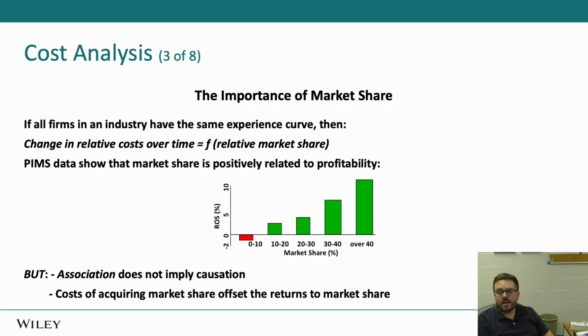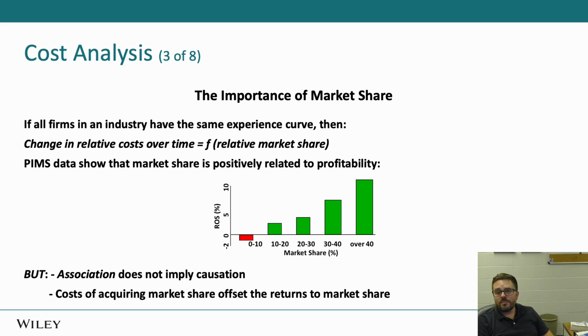Here we have market share in this graph on the x-axis and return on sales on the y-axis. What we see is that firms who have low market share have negative return on sales. At 0 to 10% market share, those firms tend to make a loss on average, whereas for firms that have over 40% market share, you can look in each category, the return on sales increases.